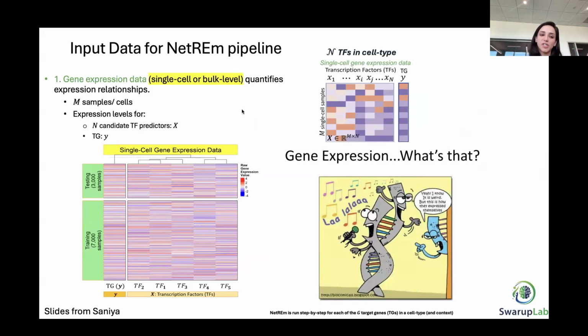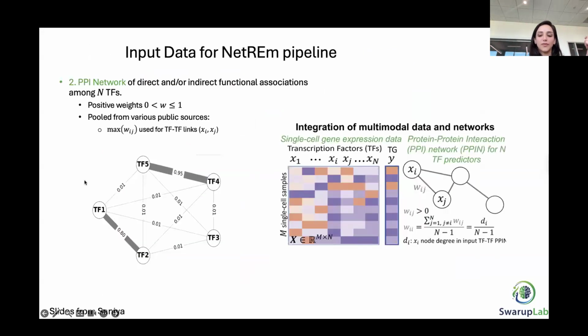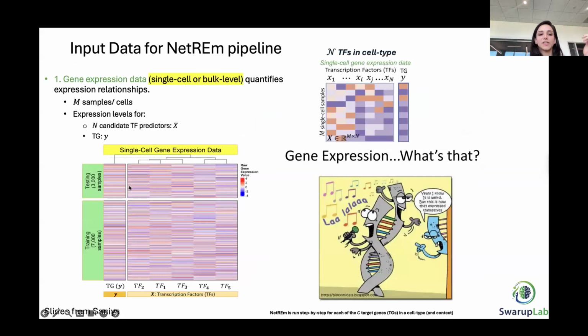As we said, we need the gene expression data. This is really for her purposes because she's not only inferring, she's doing predictive modeling. So once we have the single cell or bulk expression data, she uses training and testing data sets.